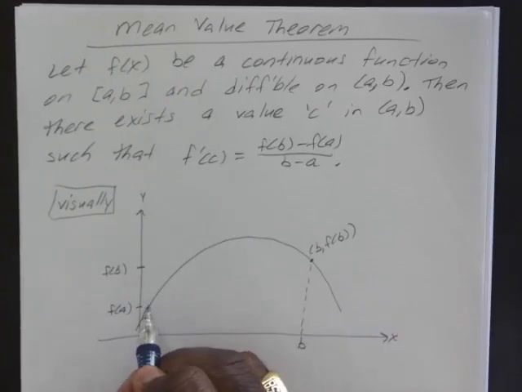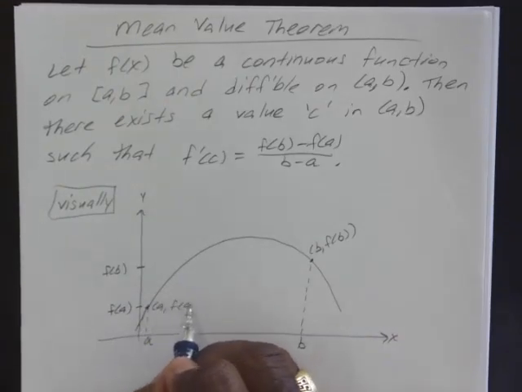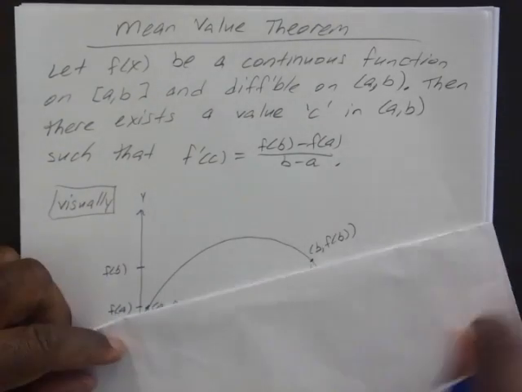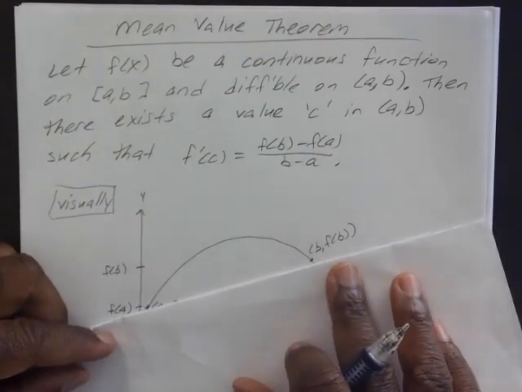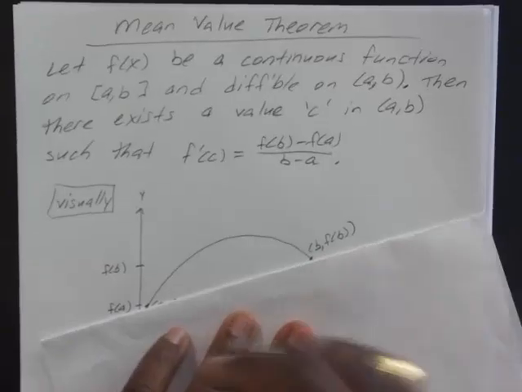And this point right here, this is the point a, f of a. And if we grabbed a straight edge and connected those two points, and try to get as close as possible, there we go.